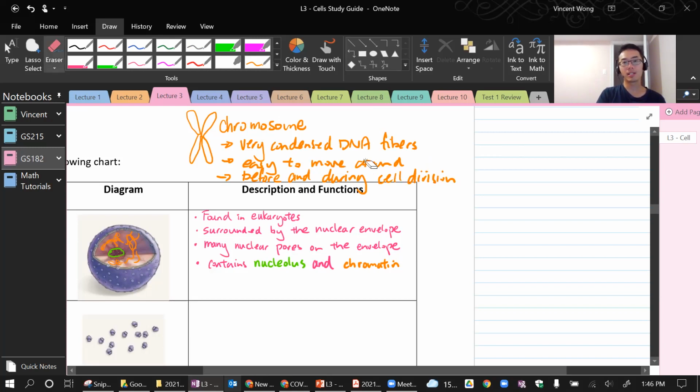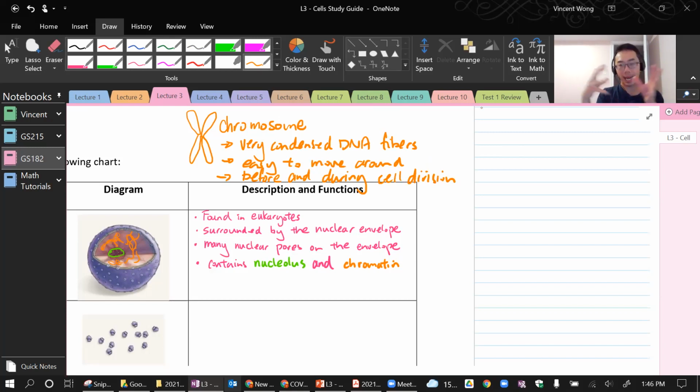Think of this as very packed DNA. You only find chromosomes when the cell is ready to divide, because then you actually have to move the chromosomes around in the cell.